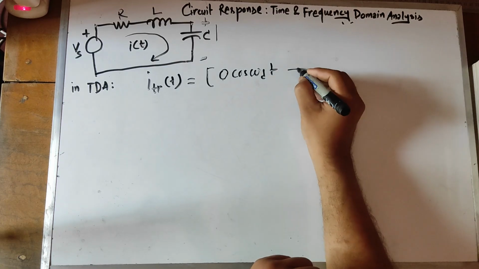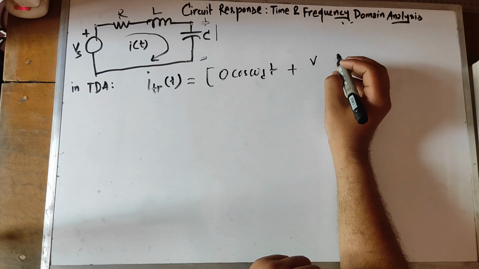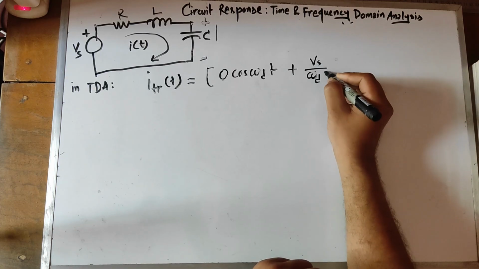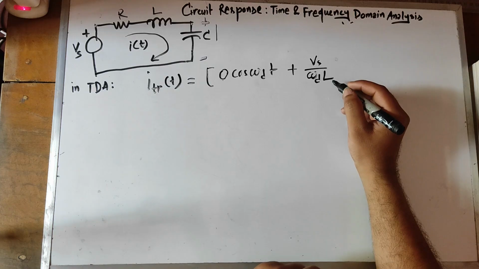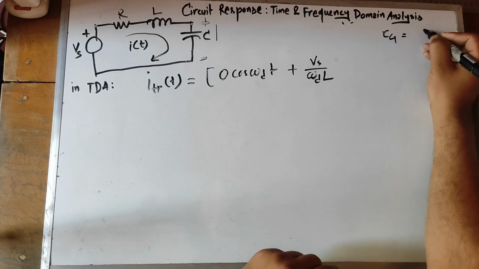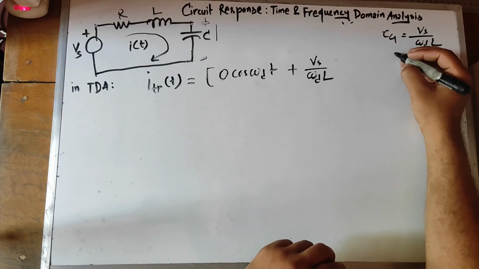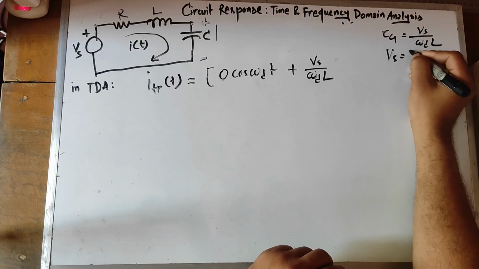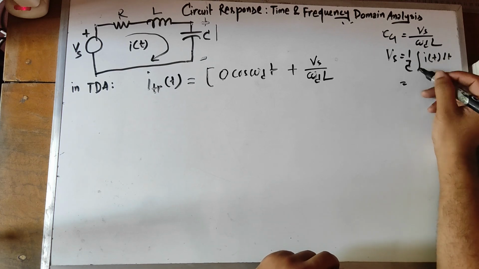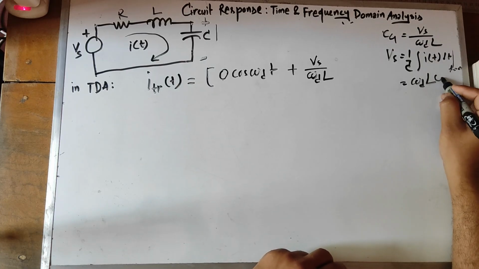so 0 cos omega dt plus Vs by omega dl. I have forgotten to tell you that c4 is Vs by omega dl, because when I wrote this 1 by C dv/dt at t equals 0, it will give you omega dl c4.